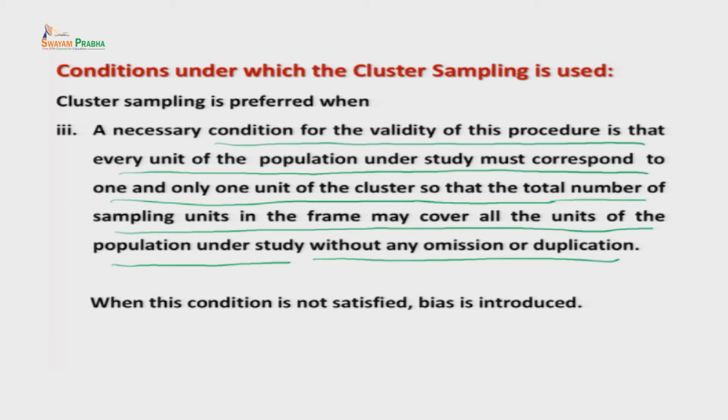It should not happen that a particular unit belongs to more than one cluster. And if this condition is not satisfied, or if somebody by mistake takes some units which are overlapping or which belong to more than one cluster, then bias is introduced in the estimator that we are going to consider. Obviously, you are giving more information which is not needed. You are simply repeating the information.